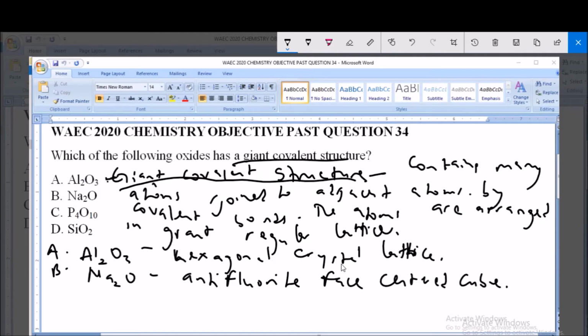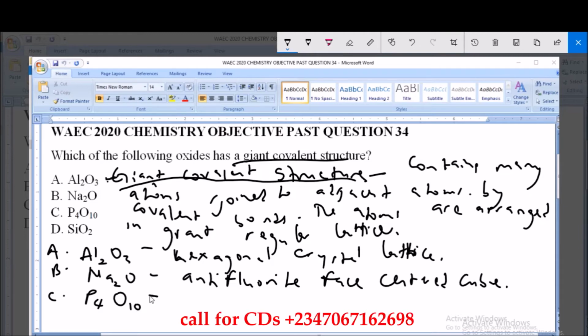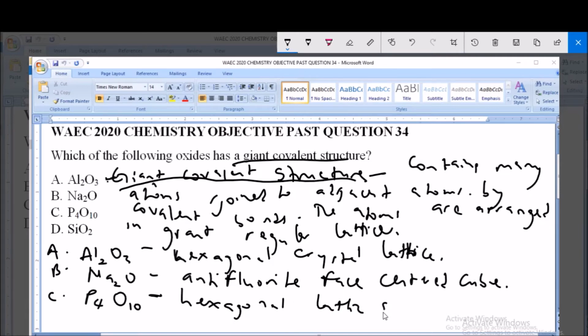So it has an anti-fluoride face centered cubic structure. Now option C, which is phosphorus pentoxide, P4O10, has a hexagonal lattice structure.